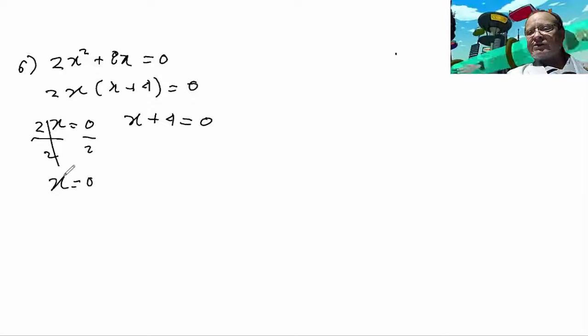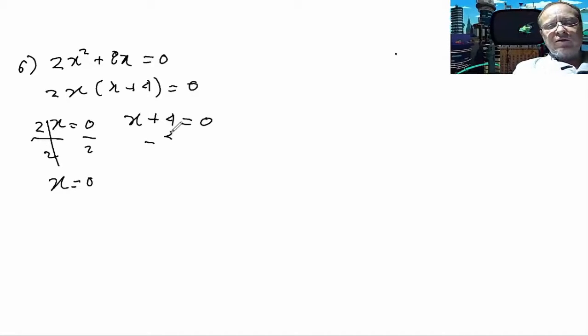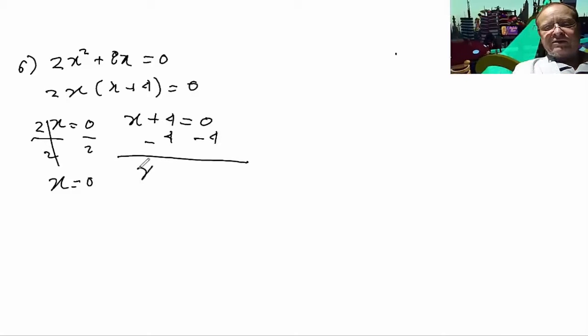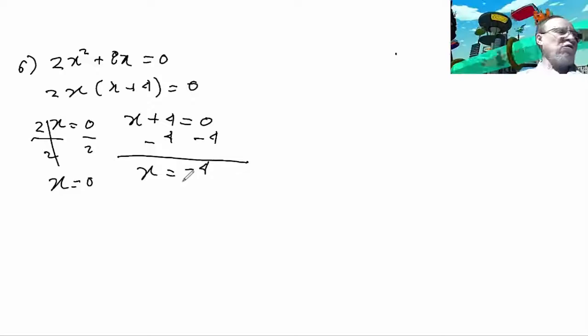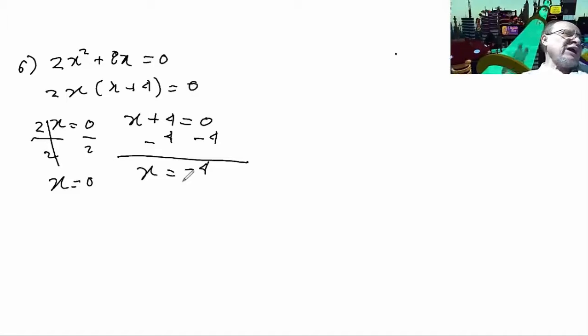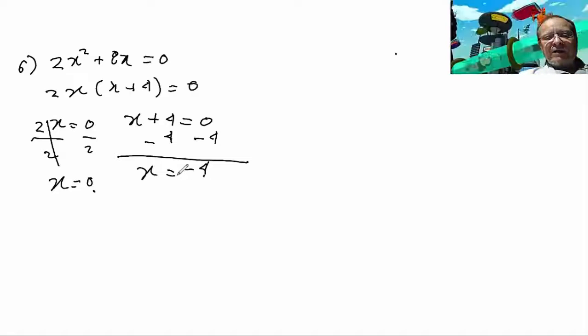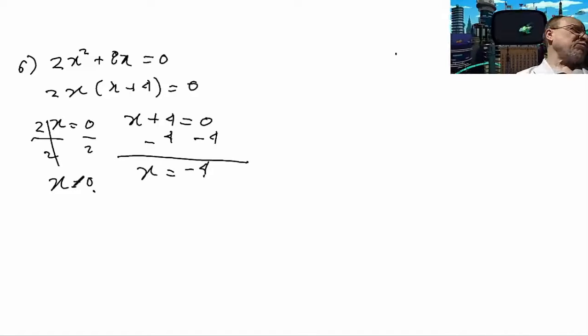So one of our x's is actually 0. And then this one, minus 4, and we add that 0 plus minus 4 is just minus 4. So it turns out that in this case, we have two answers, and one of the answers happens to be 0.